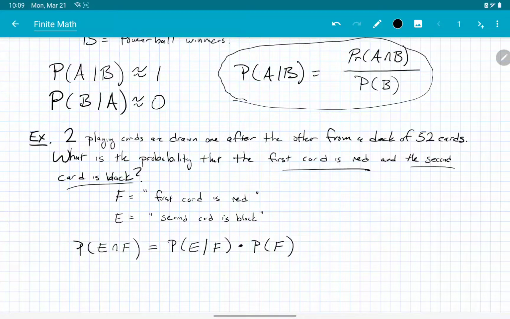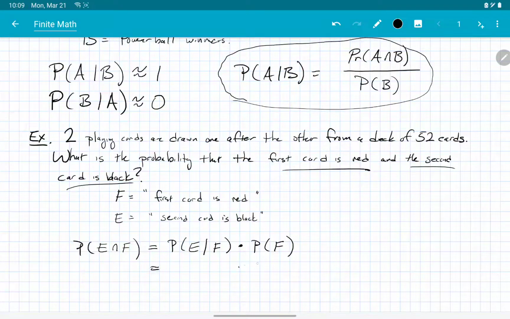I have interchanged E with A and F with B in the formula above. This will now allow me to calculate the probability of E and F, which is a little bit hard to do. But I can calculate these other two rather easily.